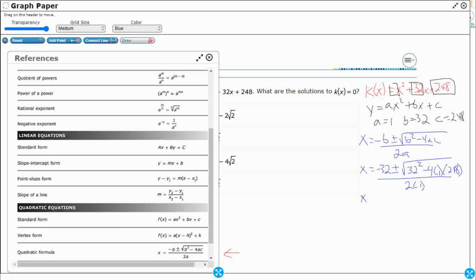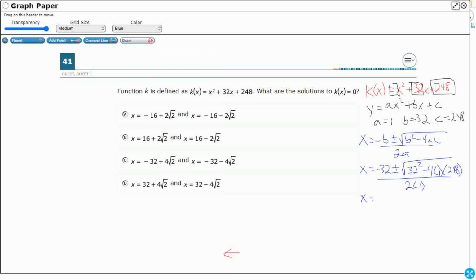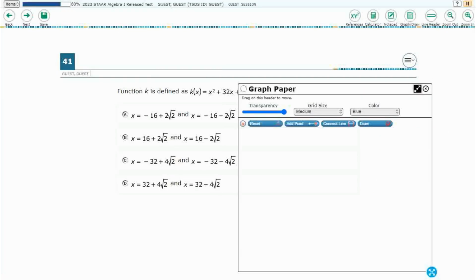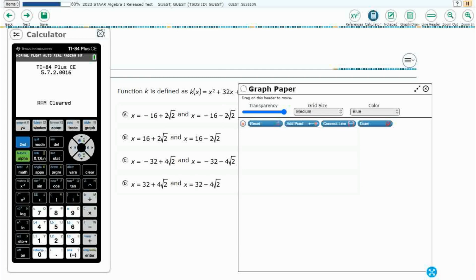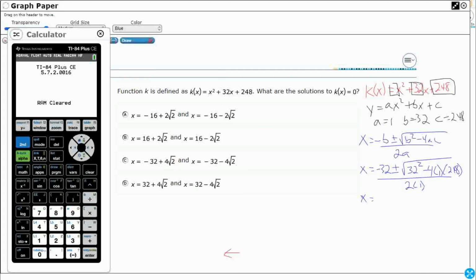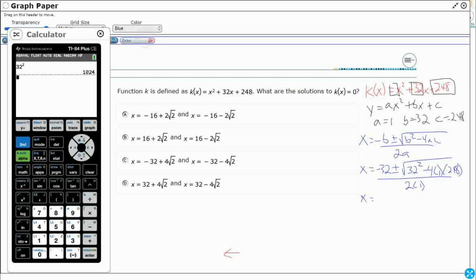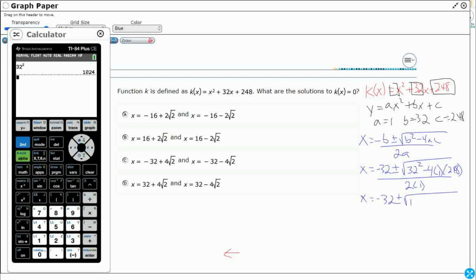So x equals, we will need our calculator for this. So let's go ahead and open that up. All right, so 32 squared, 1024. So that is going to be negative 32 plus or minus the square root of 1024 minus, what is 4 times 248? 4 times 248, 992.